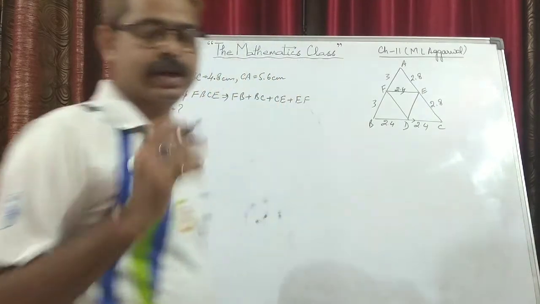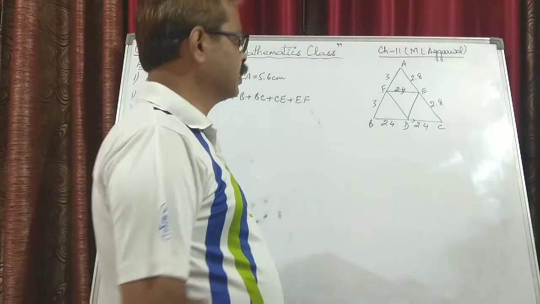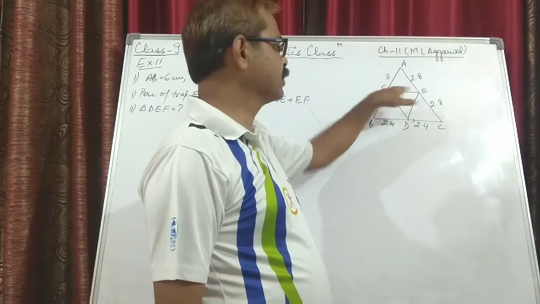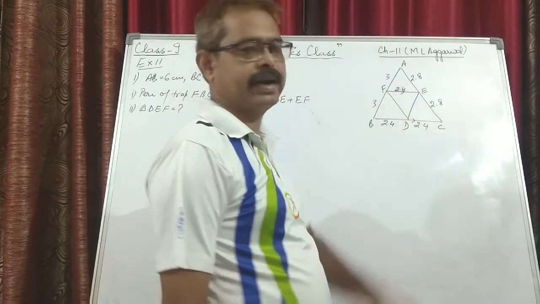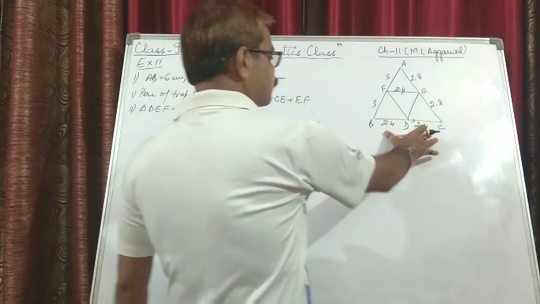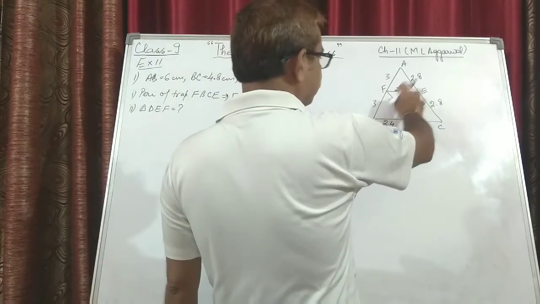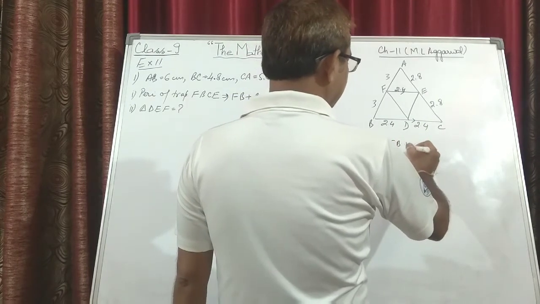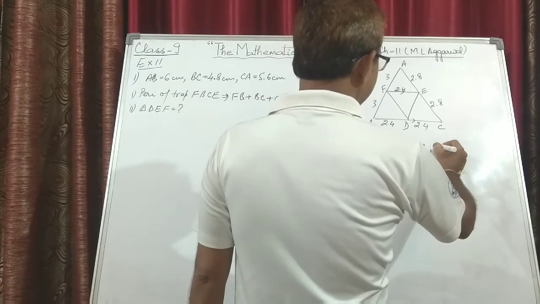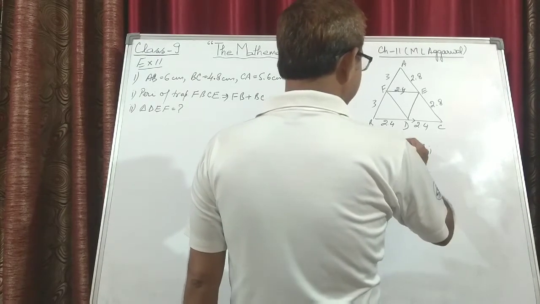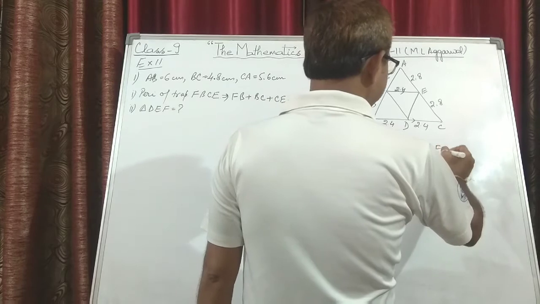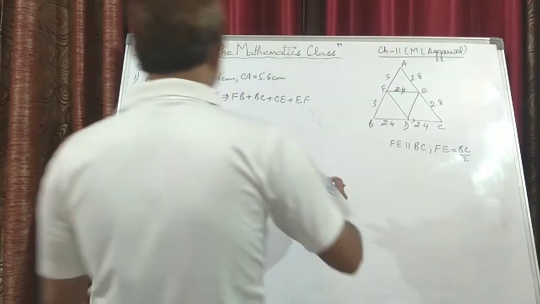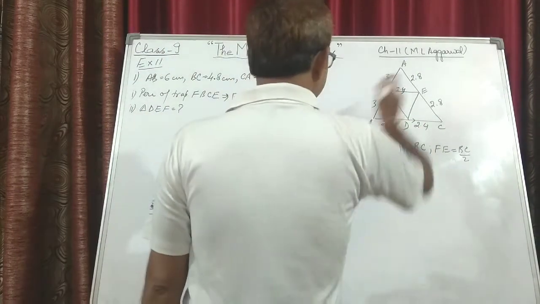This is what we have studied in the midpoint theorem: a line joining the midpoints of two sides of a triangle is parallel to the third side and equal to half of it. So FE will be parallel to BC and half of BC. BC total is 4.8, half of it is 2.4.